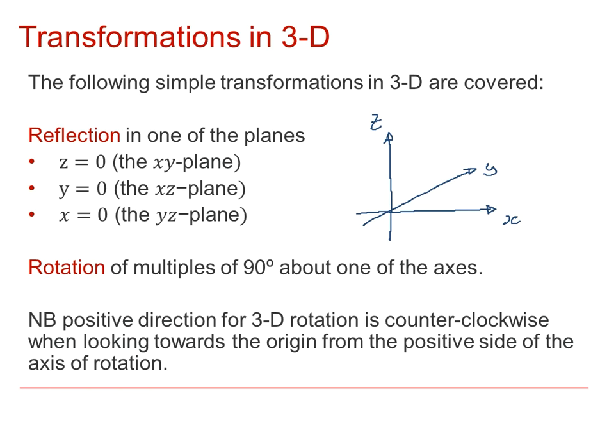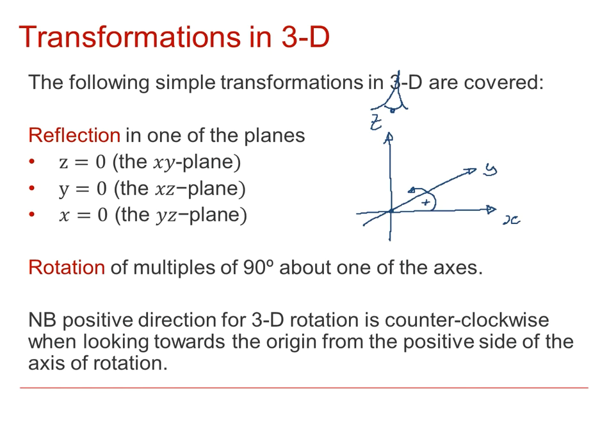So for example, if we were rotating about the z-axis, then imagine that you're looking down on this diagram, then our positive direction would be in this direction, rotating about the origin. So the whole of the XY plane would rotate, or the whole of the space would rotate about that axis, so the z-axis would be fixed.